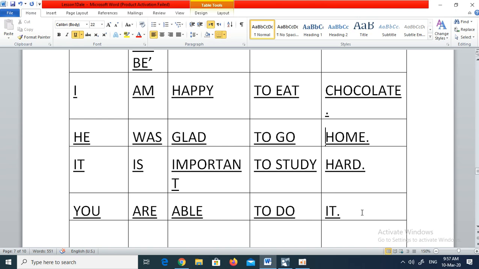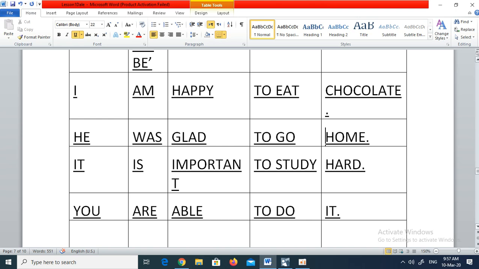Your adjective will come in the third section. You will have an infinitive in the fourth section, and remember, the infinitive is to plus the base form of the verb. And then in the last section, you will have your predicate.